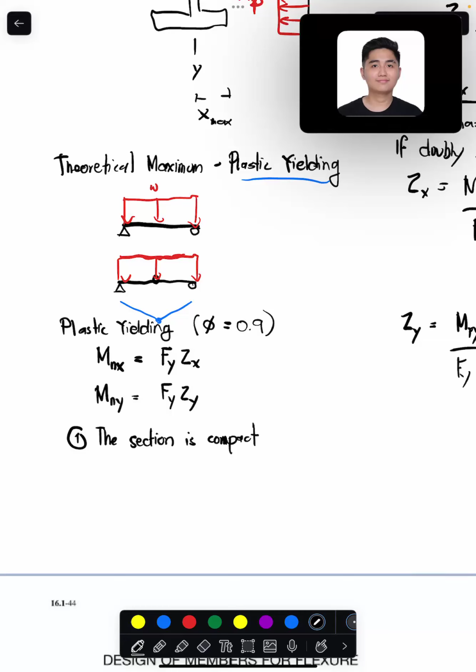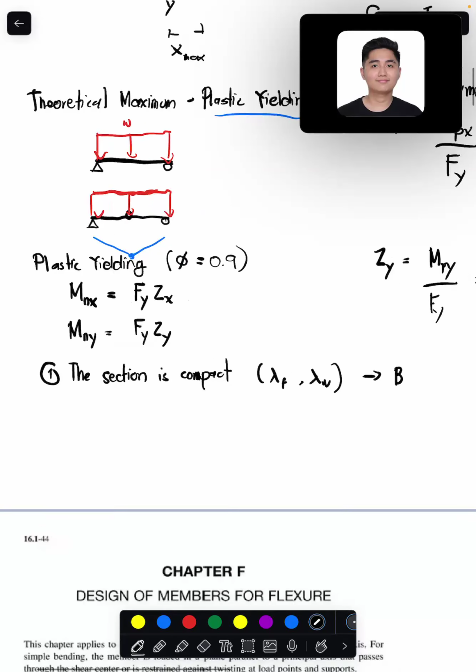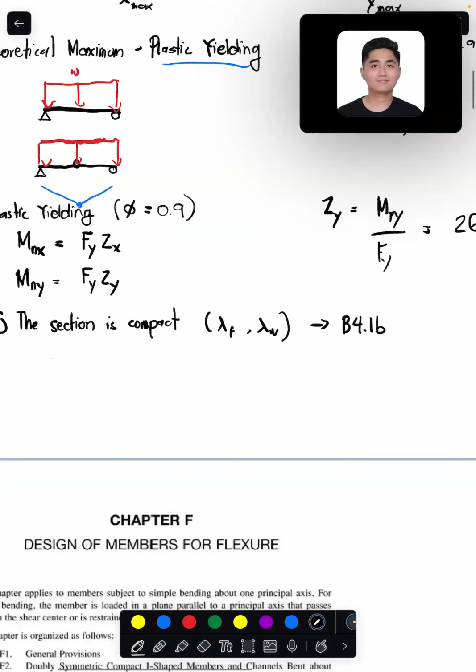So we again need to check the width to thickness ratio of the flange, and the width to thickness ratio of the web. Supposedly these width to thickness ratios are less than the limiting width to thickness ratio. And take note, similar to compression, but you look at a different table, Table B4.1b, for the limits we'll look for later.